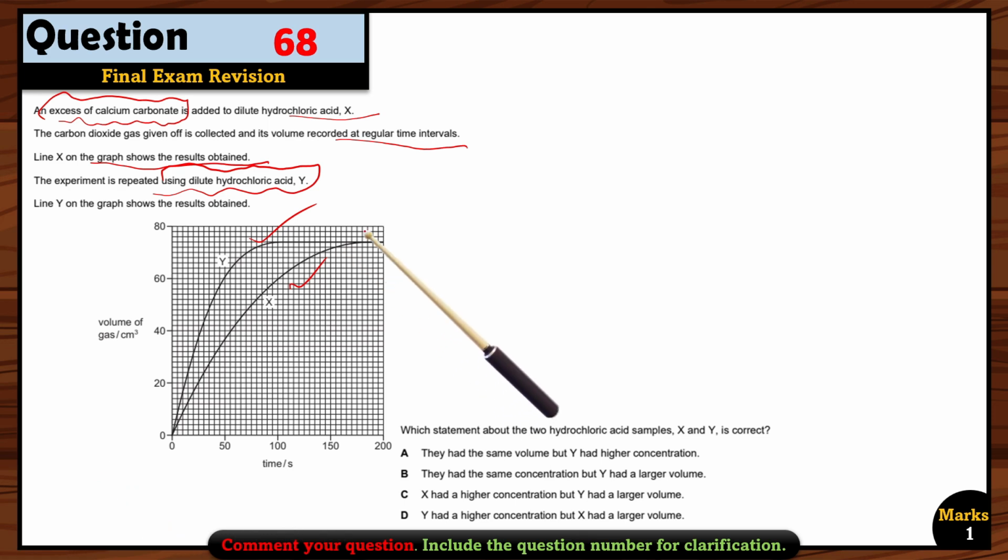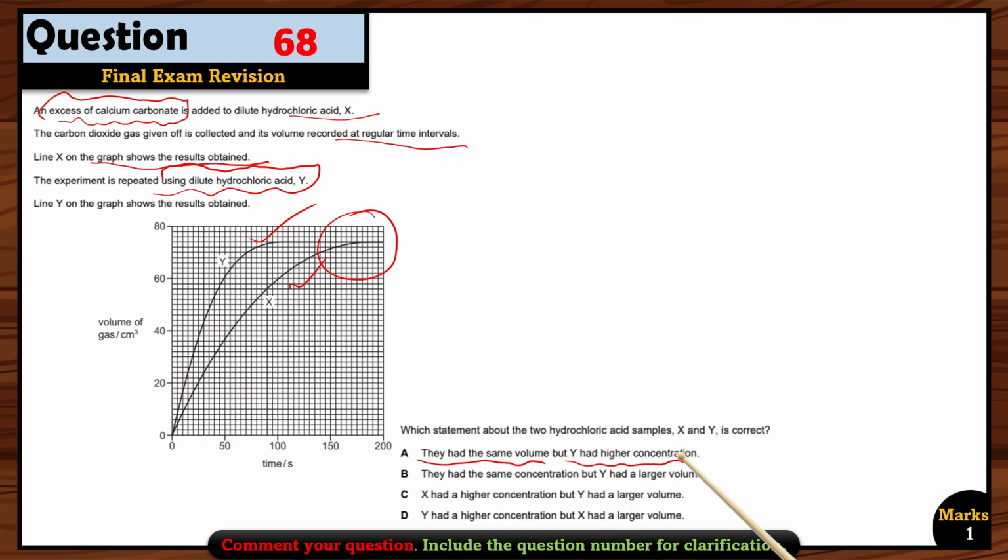Okay. And they both have the same volume, right? It means that only the rate of the reaction has changed. There was no effect on the volume. So now let's see what is the difference. They had the same volume, yes, but Y had a higher concentration. Is this right or not?